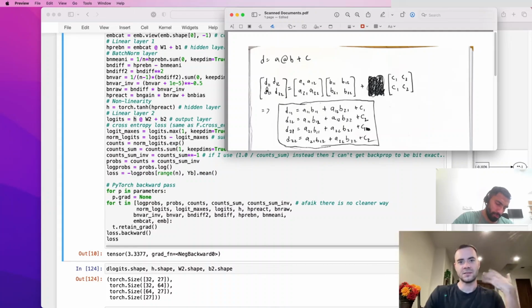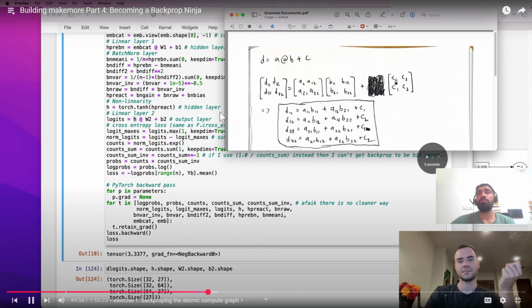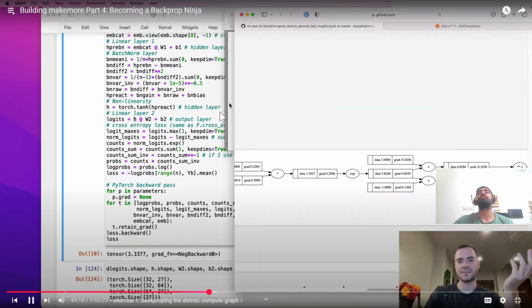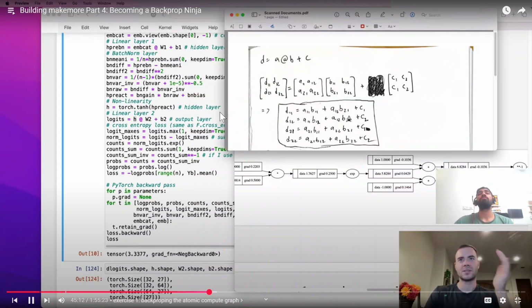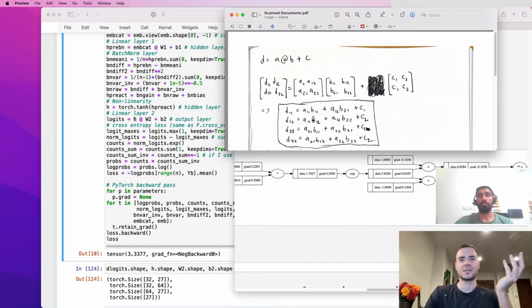So as a result of matrix multiplication and how it works, D11 is the result of a dot product between the first row of A and the first column of B. And it's obvious this is just a bunch of multiplies and adds. And so this is not scary anymore. It's not just matrix multiplication. It's just tedious, unfortunately, but this is completely tractable. We have DL by D for all of these, and we want DL by all these little other variables. So how do we achieve that, and how do we actually get the gradients?